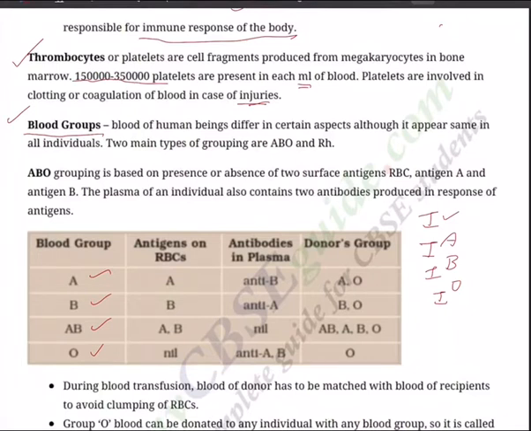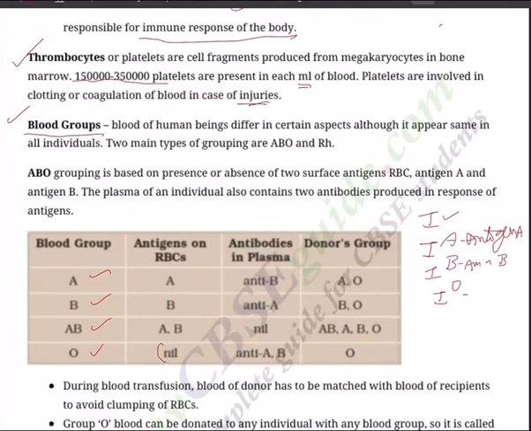These are the three allelic forms, and these alleles produce proteins. The allelic form IA produces a protein called antigen A, and IB produces antigen B. These are proteins, and IO doesn't.